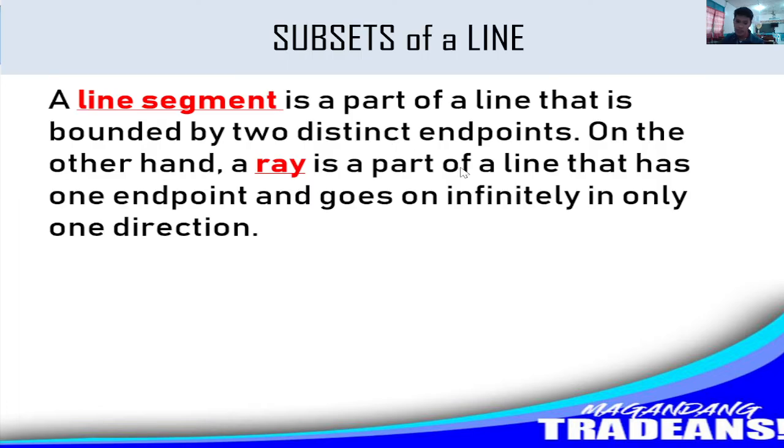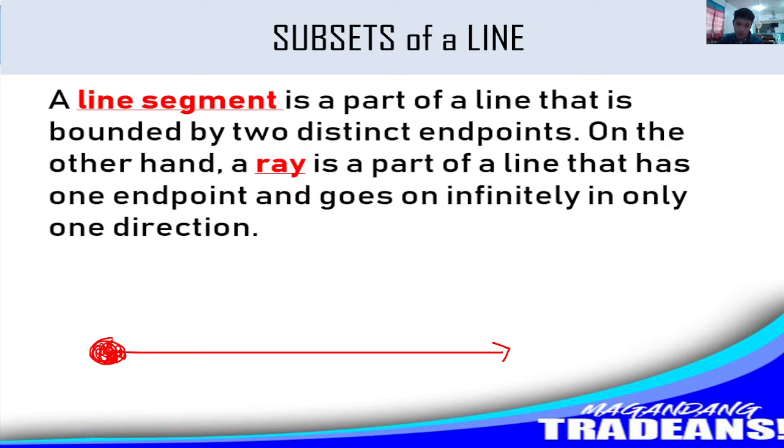So, what is the image of that? Take a look at this. So, this is an example of a segment. Okay, sabi daw po, segment is a part of a line that is bounded by two distinct endpoints. So, instead na arrow ang ilalagay natin, this is an example of a line, di ba kanina? Instead na arrow ang ilalagay natin, lagyan natin siya ng two endpoints.